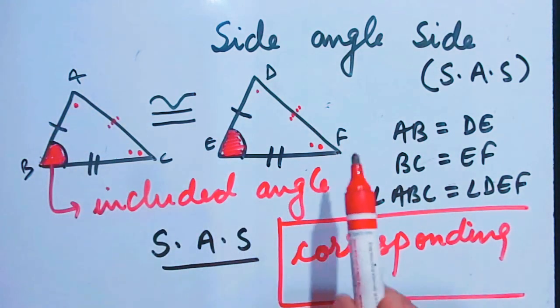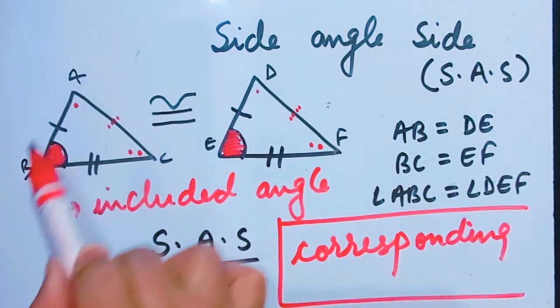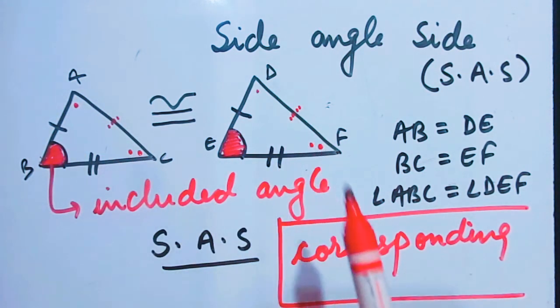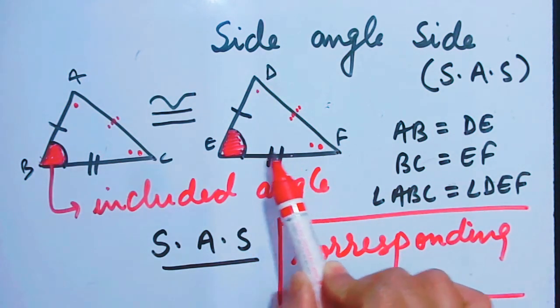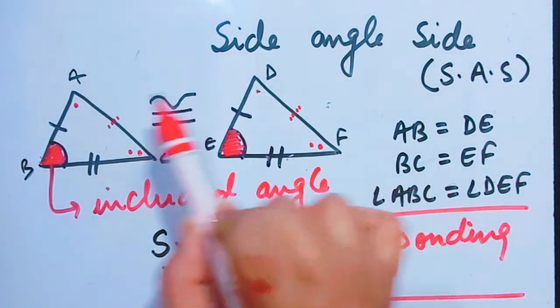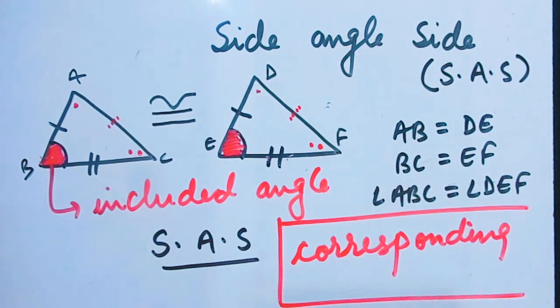So we will say that after these two triangles are congruent, this particular angle should be equal to this particular angle only. And the double tick that you can see, opposite to it, this particular angle will be equal to this particular angle only. Clear? That is why we say the corresponding sides and angles become equal.